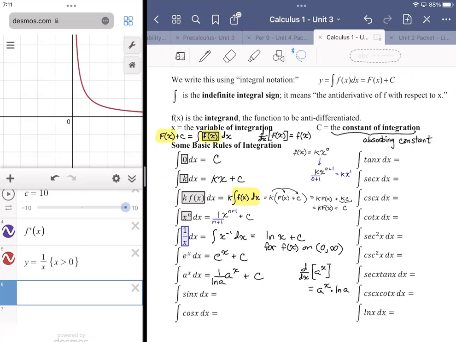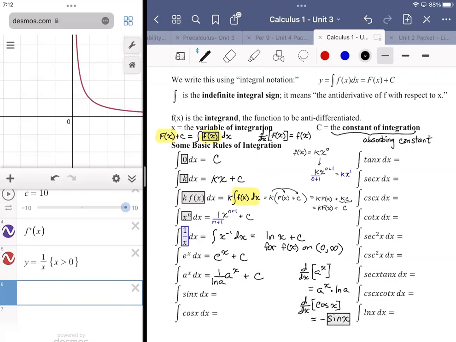All right. I'm looking for a function whose derivative is sine. Well, I know the derivative of cosine of x is equal to negative sine of x. So I need the antiderivative of just the sine of x.